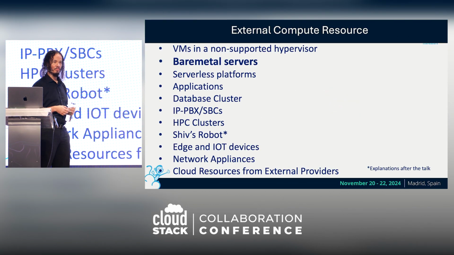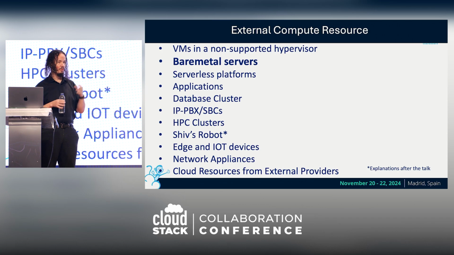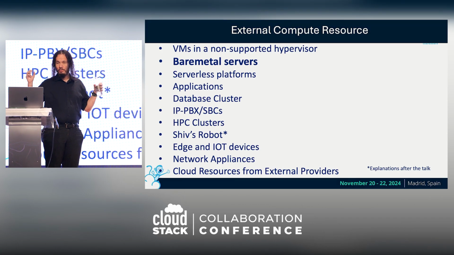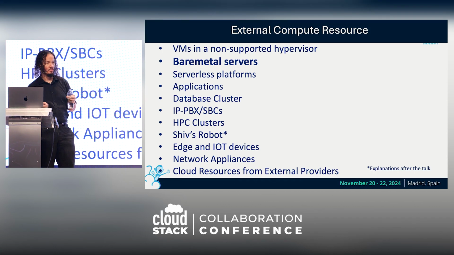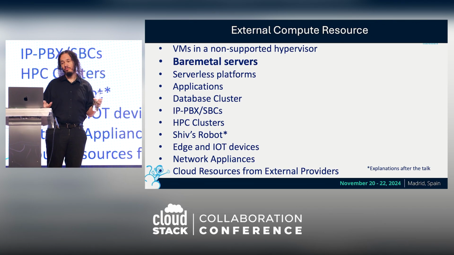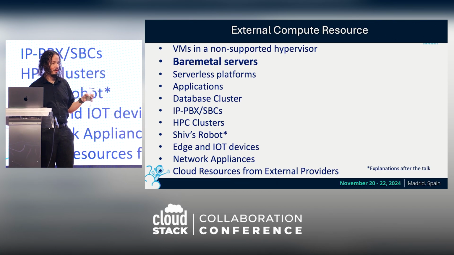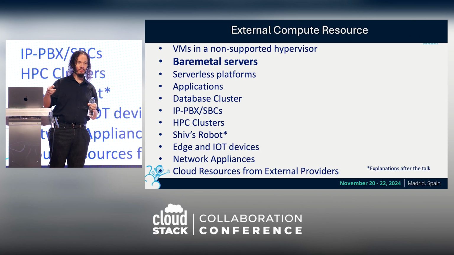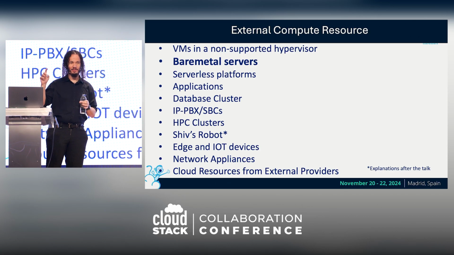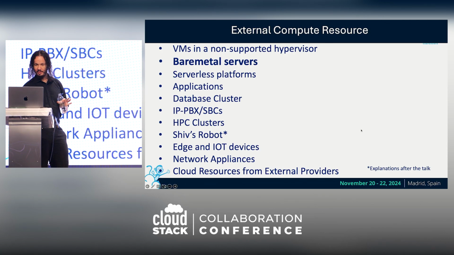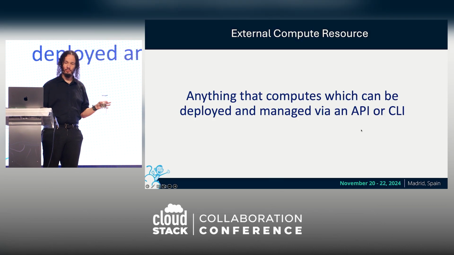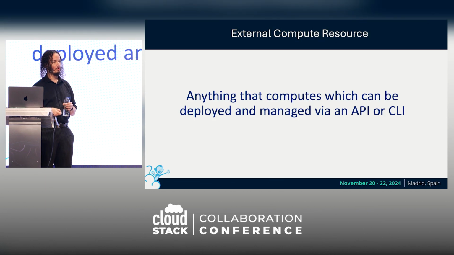Examples: the biggest one, the use case for this customer, baremetal servers, but it can be directly an application, a service platform, your switches, your routers, hypervisors which are not supported by CloudStack, and Shiv's robot. But that one, ask me later, it's a special use case. So anything that computes, which you can get to somehow through a CLI or API, in any way.